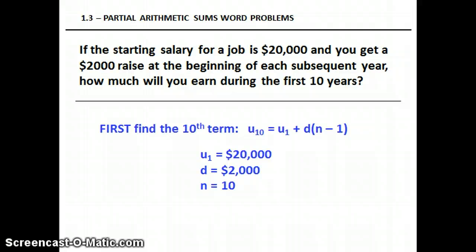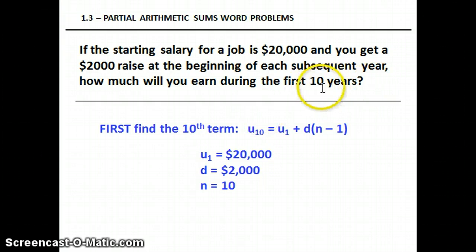If the starting salary for a job is $20,000 and you get a $2,000 raise at the beginning of each subsequent year, which means every year after that, how much will you earn during the first 10 years? So this tells us we're going to have to add up how much we earn every year for the first 10 years. The first thing we have to do is find our last term. In order to do that, we have to know, what is k going to be?